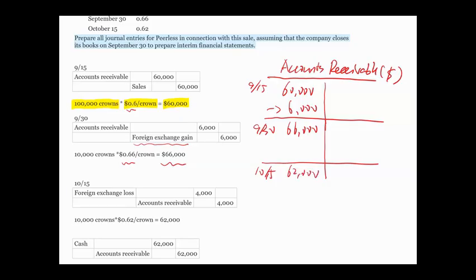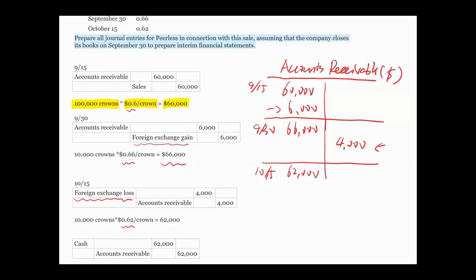The foreign customer still only owes 100,000 crowns, but the exchange rate decreased from 66 to 62 cents. So 100,000 times 62 cents per crown equals 62,000, which means that we have to credit 4,000 here. This is another adjustment. We credit accounts receivable, and corresponding to this credit is a foreign exchange loss of 4,000.